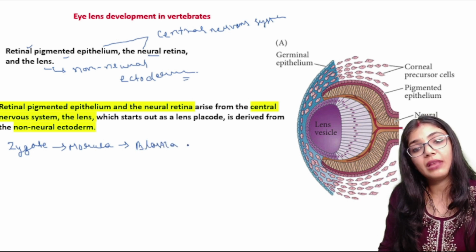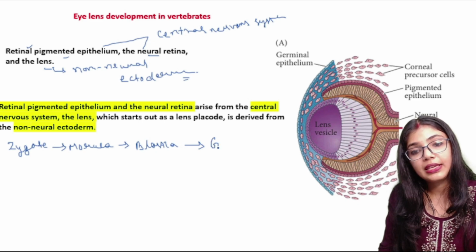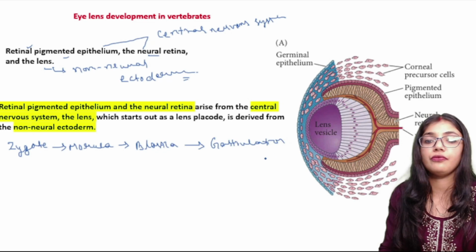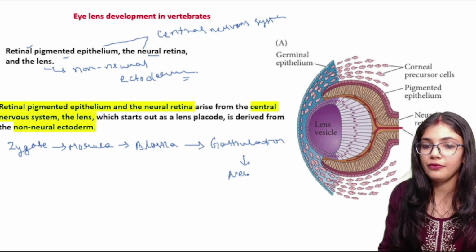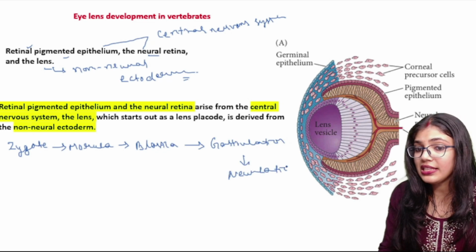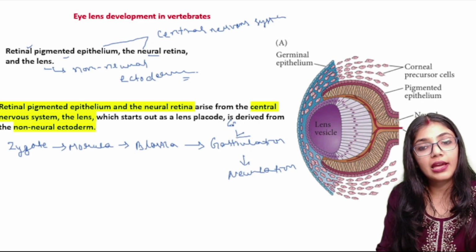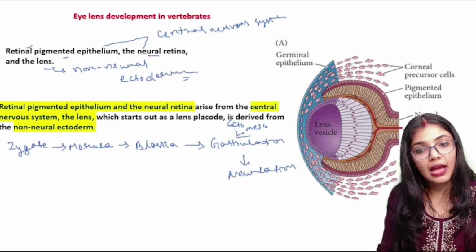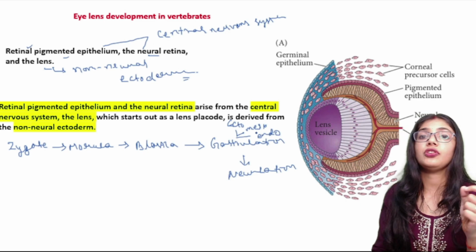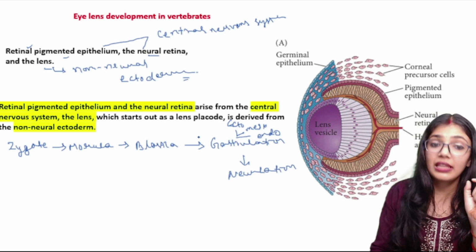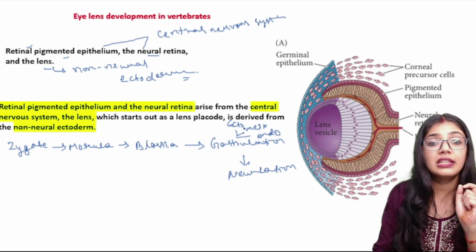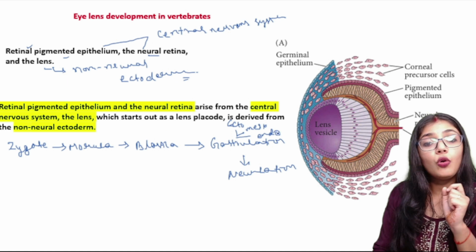After this, the blastula goes into the gastrulation phase, and after gastrulation comes the neurulation phase. In gastrulation there is formation of 3 germ layers: ectoderm, mesoderm, and endoderm, and from these 3 germ layers different parts of the body are formed. The lens which we are going to discuss is derived from the ectoderm.